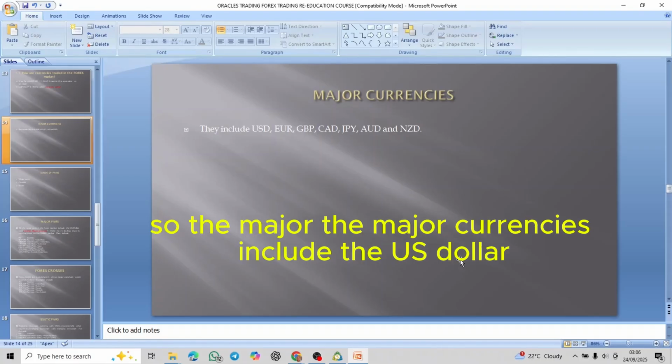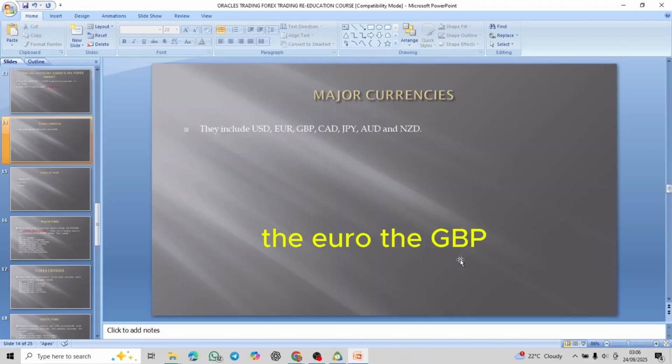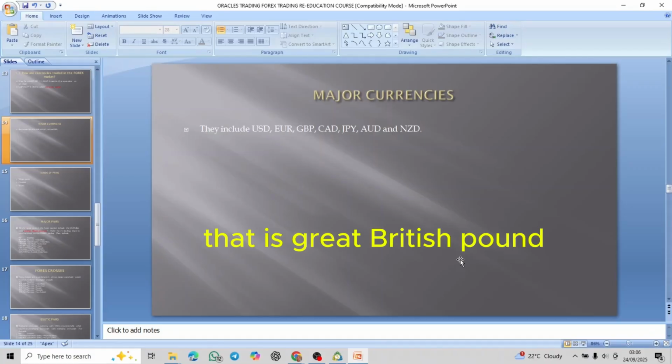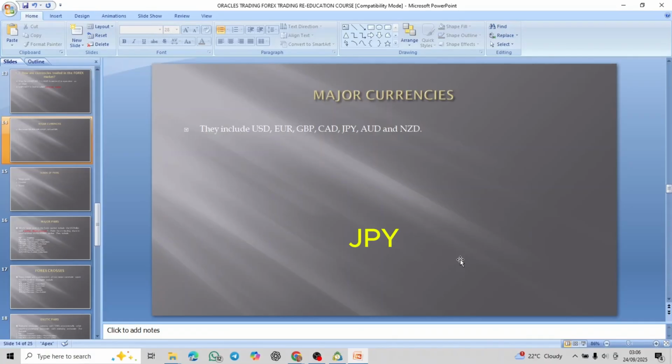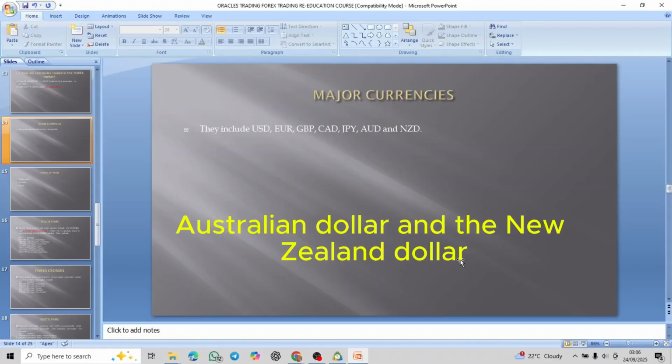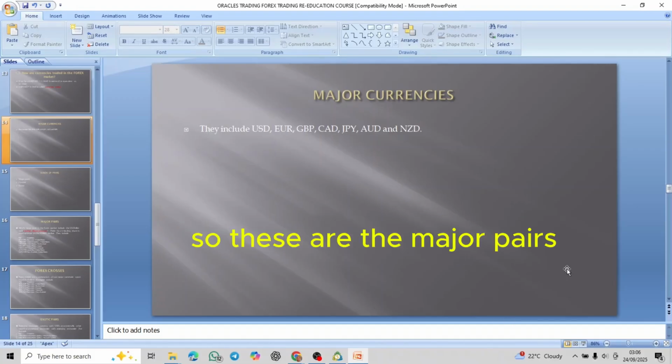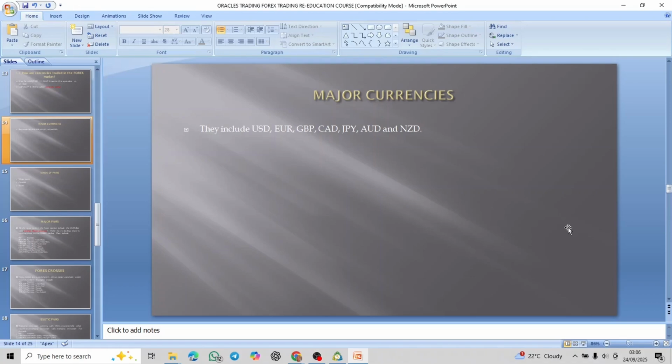So the major currencies include the US dollar, the euro, the GBP, that's Great British Pound, the CAD, Canadian dollar, JPY, AUD, Australian dollar, and the New Zealand dollar. So these are the major pairs. I hope I am not too fast.